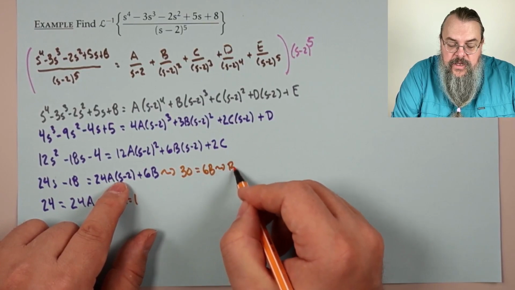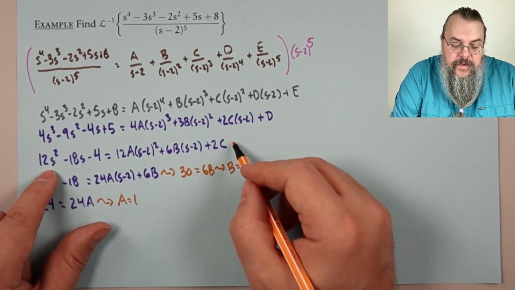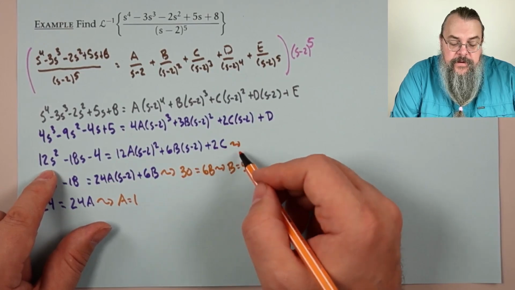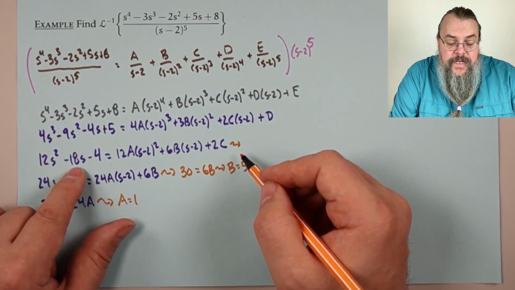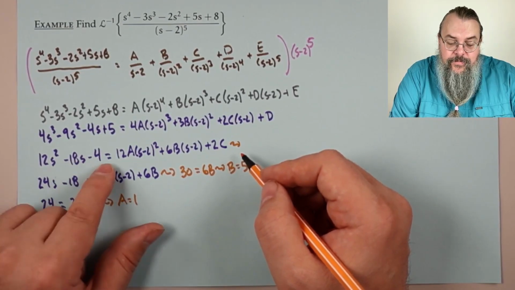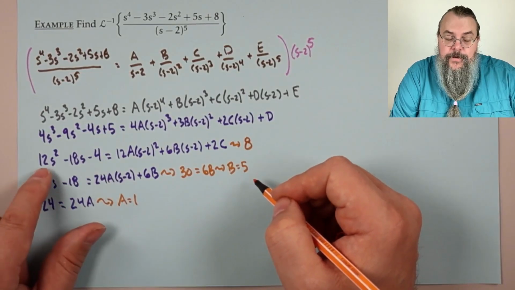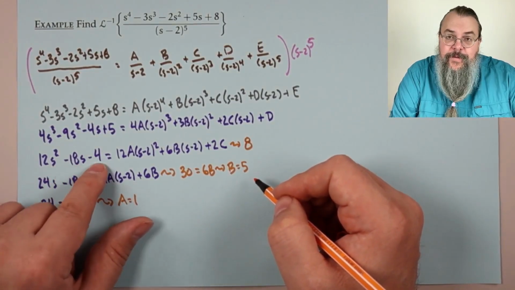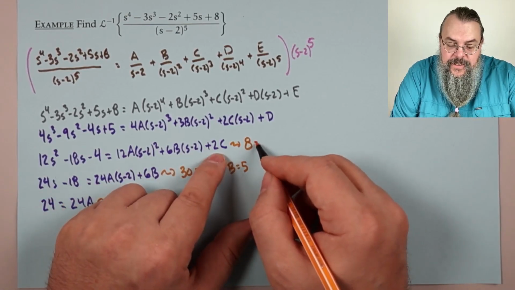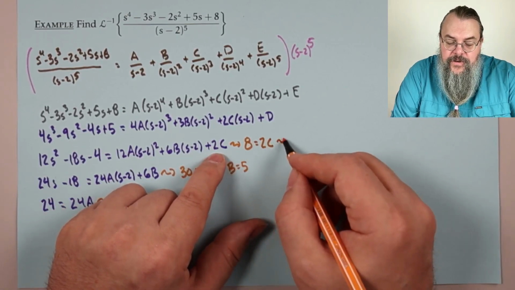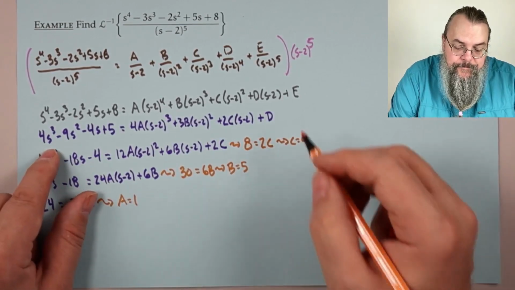So that says b is 5. All right, here what do we have? Well, we have 48, 12 times 4, minus 36, that's 12, minus 4 is 8. Okay, 48 minus 36 minus 4. The rest is 0, 0, 2c. So 8 equals 2c. So c is 4.